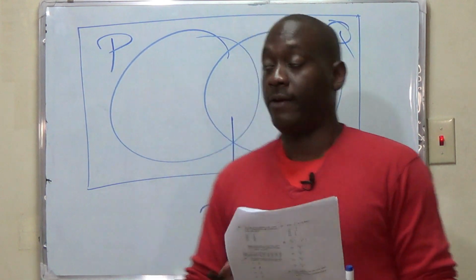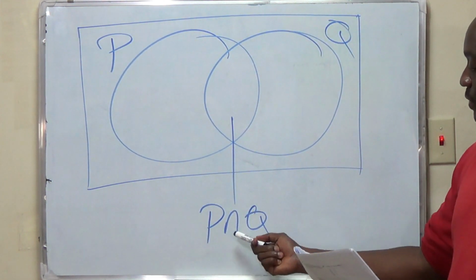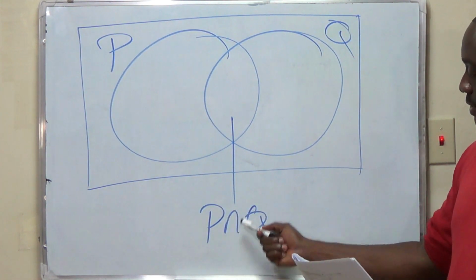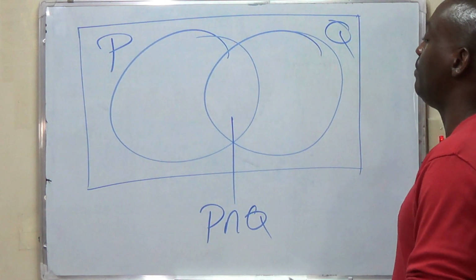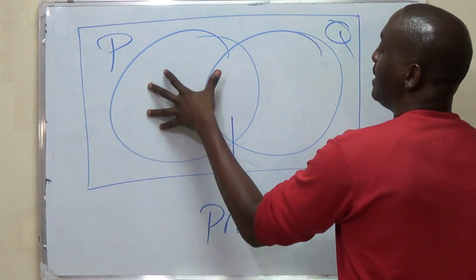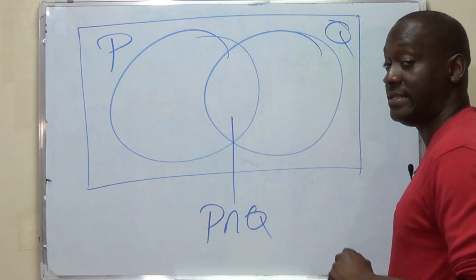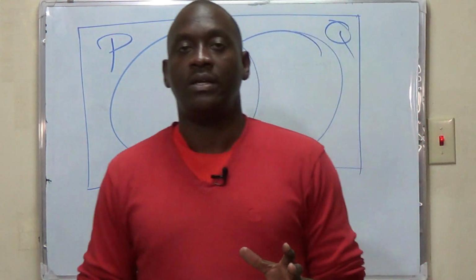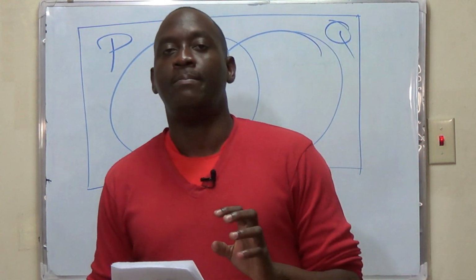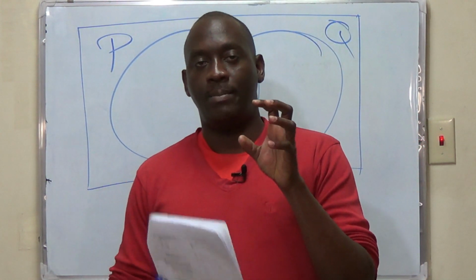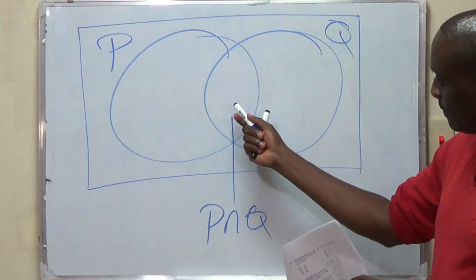front of you. Right? So n(P intersect Q), the upside down U is the intersection, and the U would be the union. In other words, P union Q would be the members of everything inside P and Q, inclusive of P intersect Q. In other words, P intersect Q means that you belong to both sets, P and Q. That would be the intersection here.